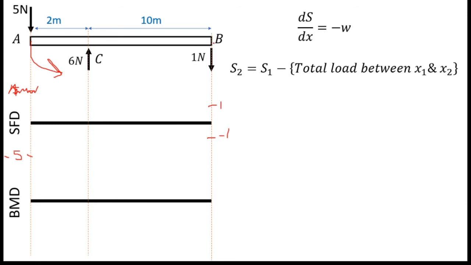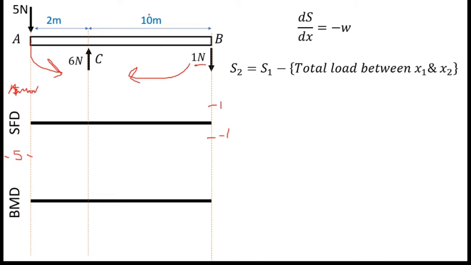At B there is a 1 Newton force. So I will take moment of this 1 Newton force about this A or C point. So if I take moment of this force, it will go like this, right? So if we consider the moment, the direction of this force is this direction, that means the clockwise direction.